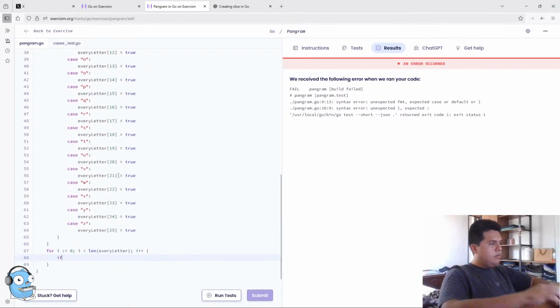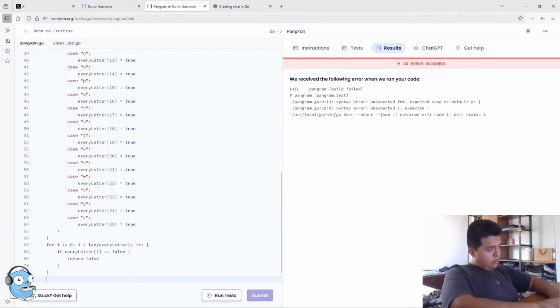If only every letter at the index position is equal to false, it will return false. Otherwise, it will return true.